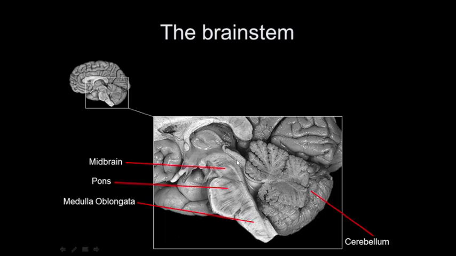This is the so-called cerebral aqueduct, also called Sylvian aqueduct, and we'll get to the ventricular system in the next few slides. But when you see this little channel, you know that you're in the midbrain. This is another feature that allows you to understand that you're in the midbrain. And of course, behind there is the cerebellum.